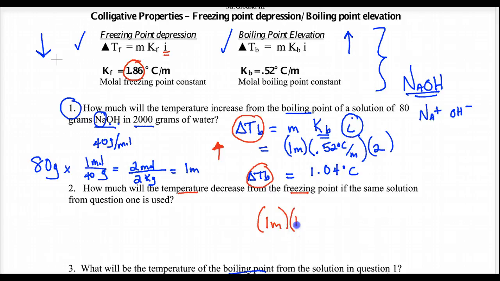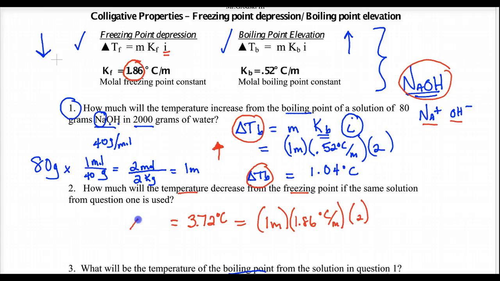We know that it's 1.86 degrees Celsius per m. And the I factor is 2 because it is a salt. It's an electrolyte. It breaks apart into 2 ions. It corrects for the 1 molal solution of NaOH, which breaks apart into 2. So we put this together. What we get is 3.72 degrees Celsius.